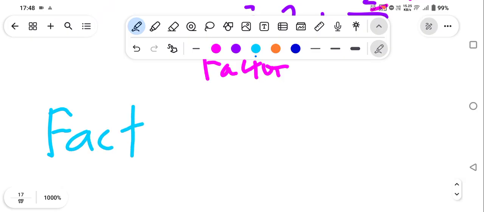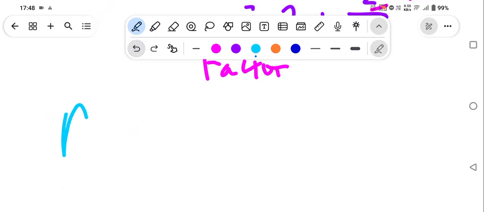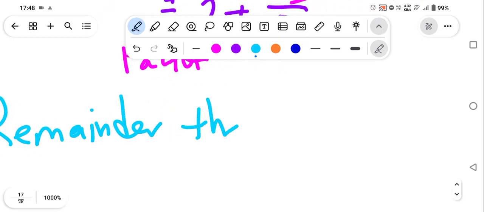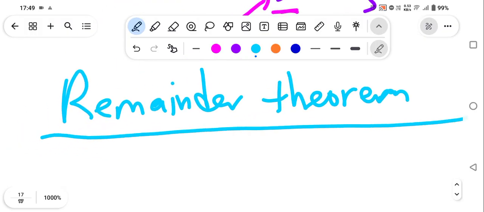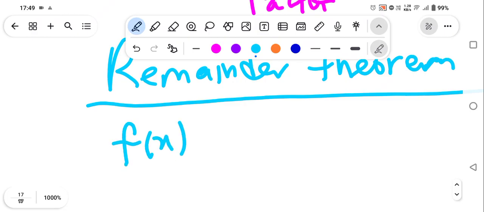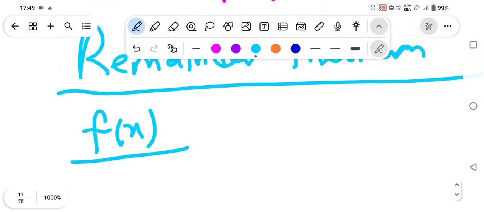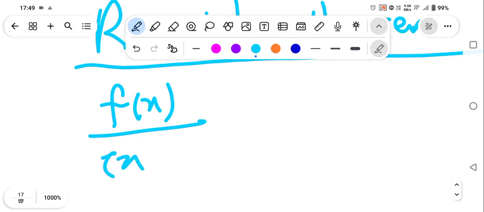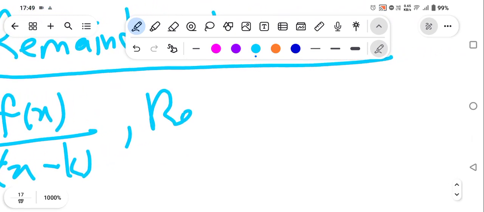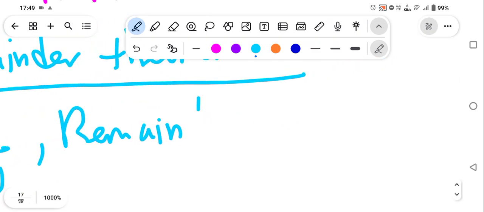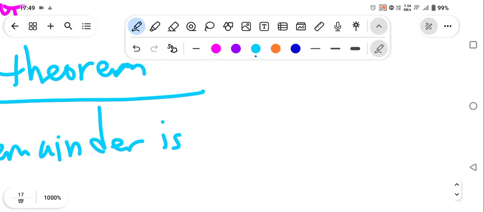So first, we have the remainder theorem. The remainder theorem states that if you divide f(x) by x minus k, where k is a constant, then the remainder is f(k).